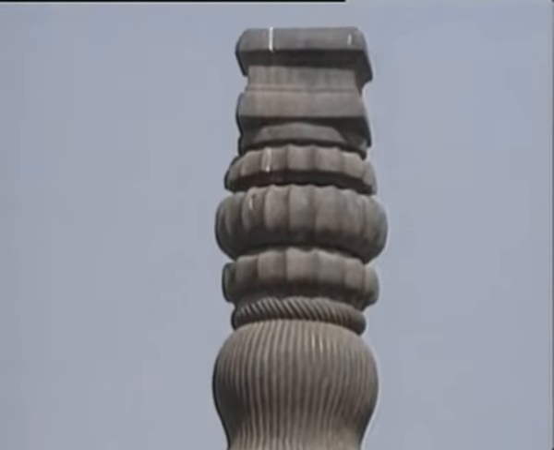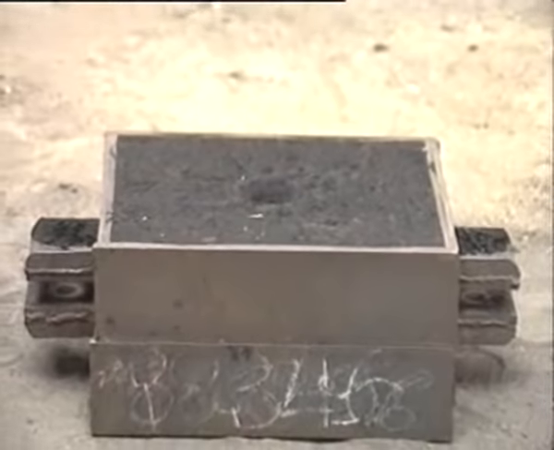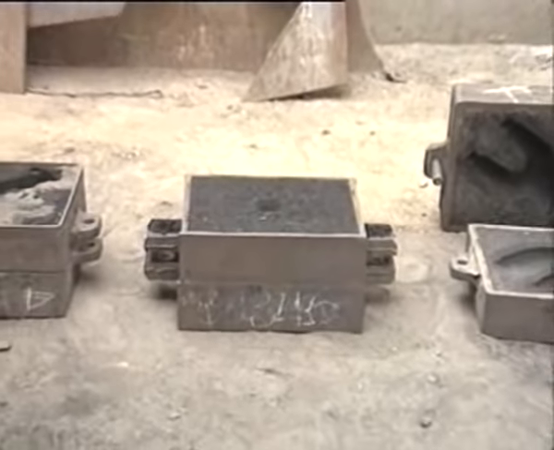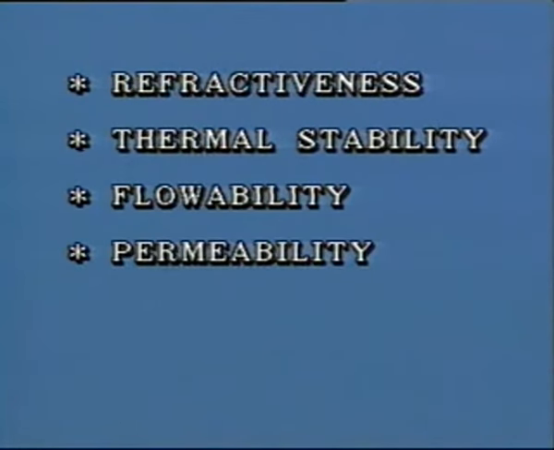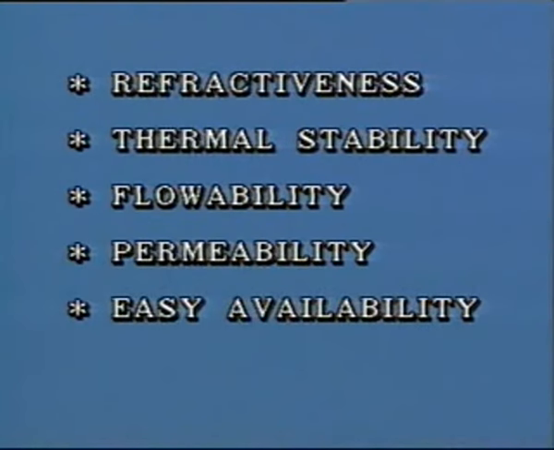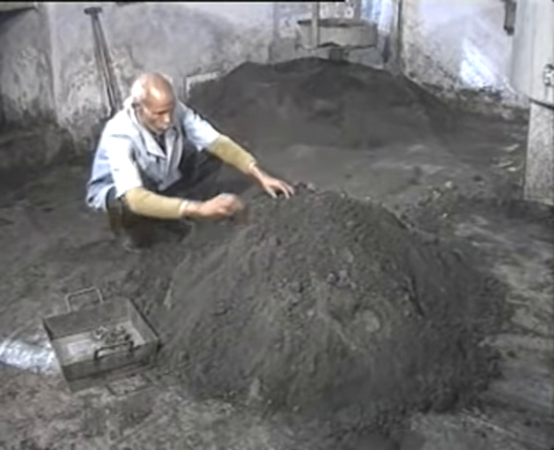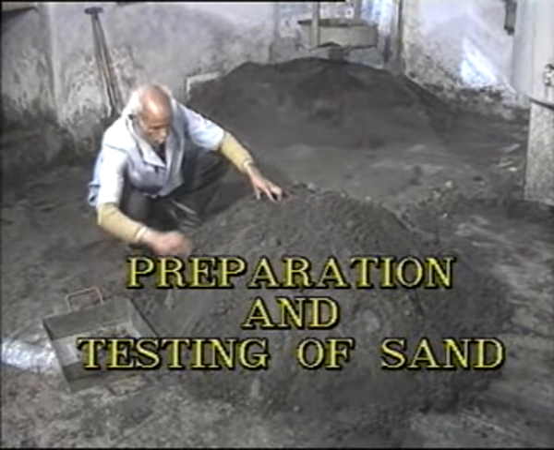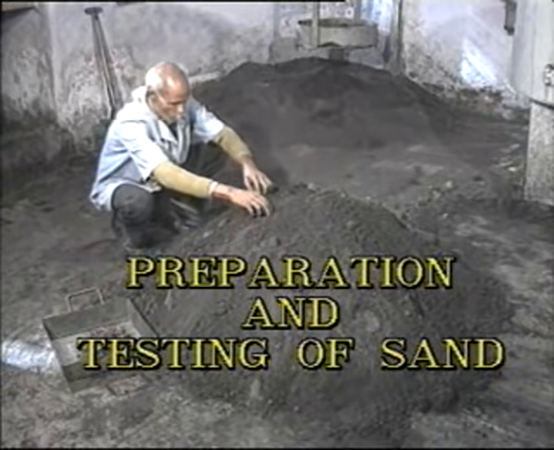For casting, we need molds, and for making molds, sand is most commonly used because of its peculiar properties like refractiveness, thermal stability, flowability, permeability, and easy availability. It is very easy to break the sand molds after casting. Let us get to the details of the casting process. The first step is the preparation of sand for mold making.